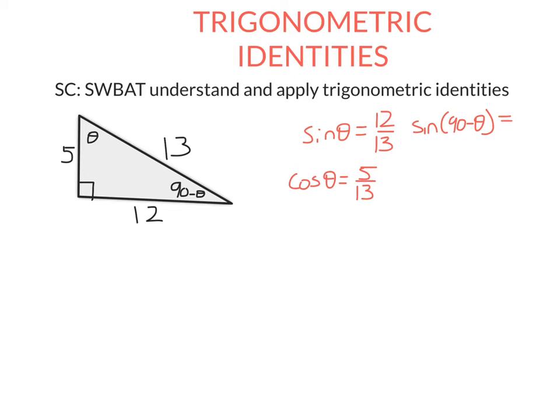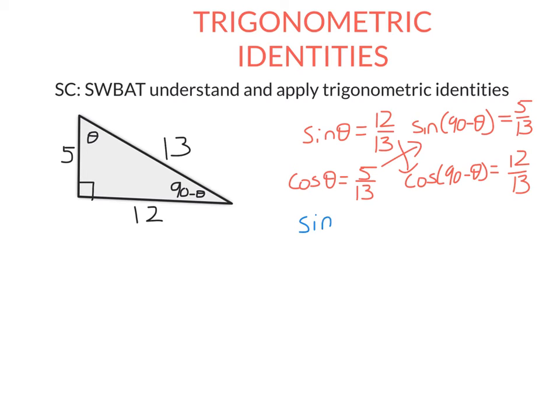So that's actually equal to 5 over 13. Similarly, if I want to take the cos of 90 minus theta, the cos of this angle, now this is the adjacent and this is the hypotenuse. So it would be 12 over 13. Note, these two are equal and these two are equal. This gives us our second identity.